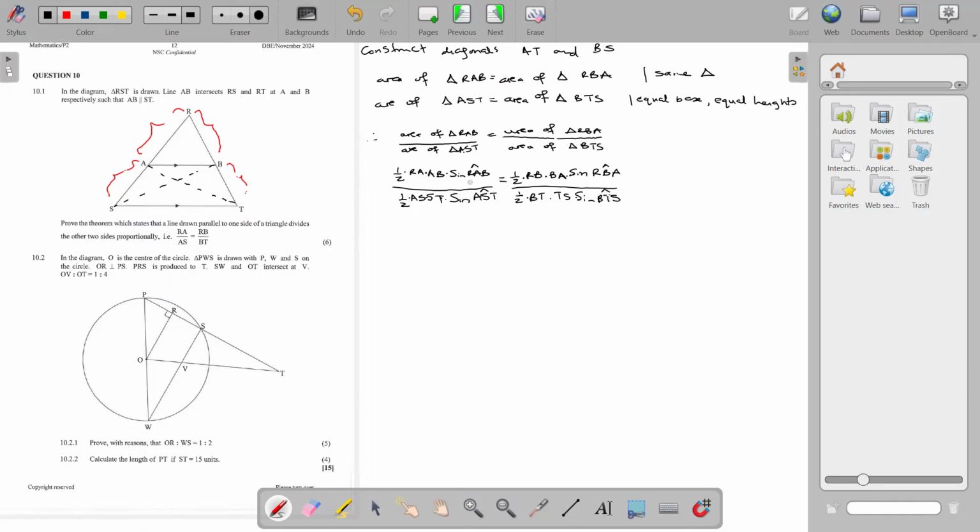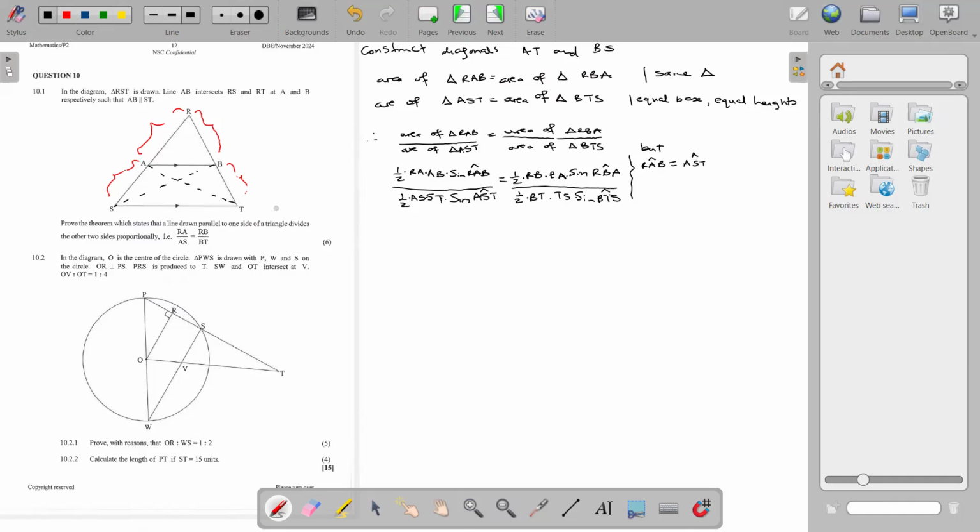But in this case, we are supposed to take note that this angle RAB, here, let me put it here, is equal to the angle AST.